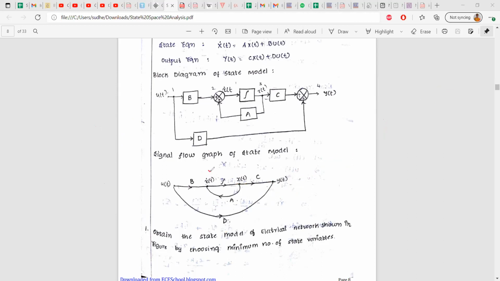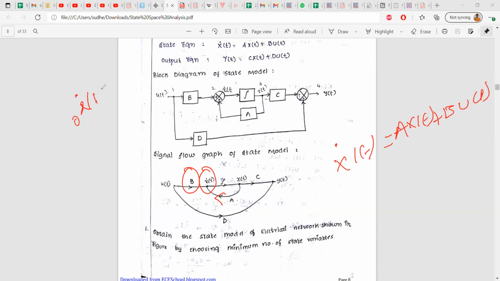Similarly, we have the mixed node x dot of t. It has b into u of t as one input signal and one more signal, a into x of t.